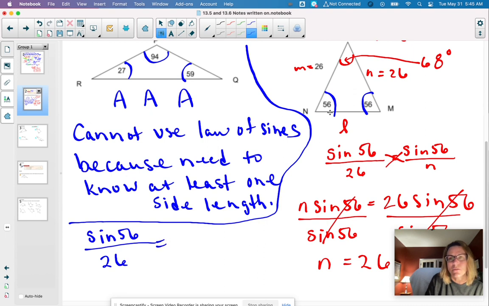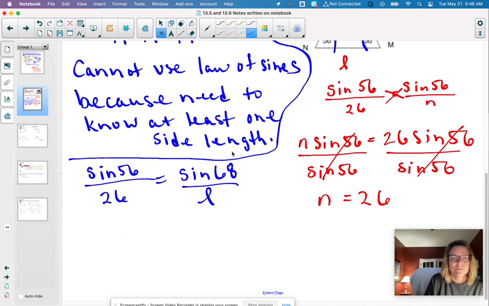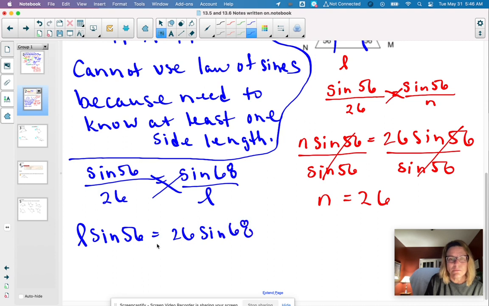And now I'm trying to find side L. So now I have to take sine of 68 divided by L. Cross multiply, I get L sine of 56 equals 26 sine of 68.